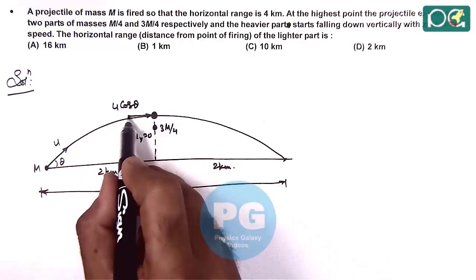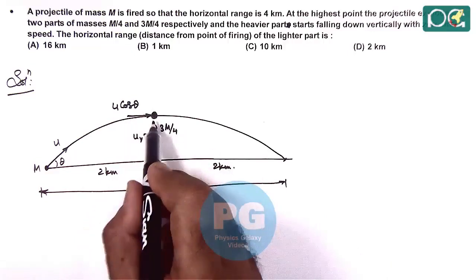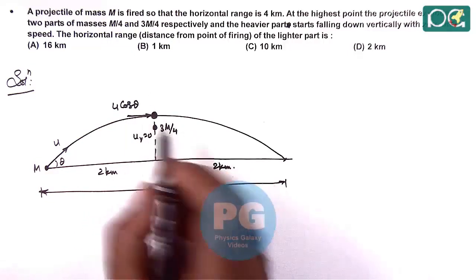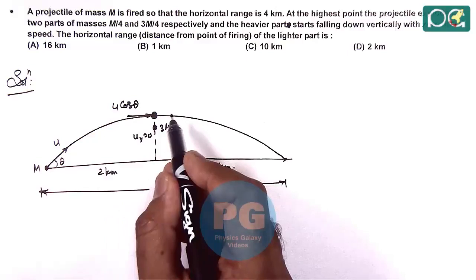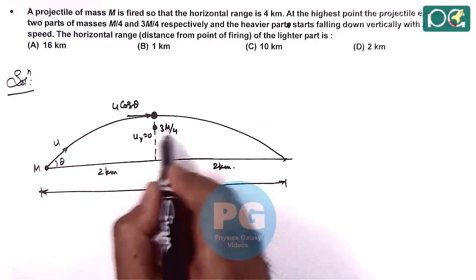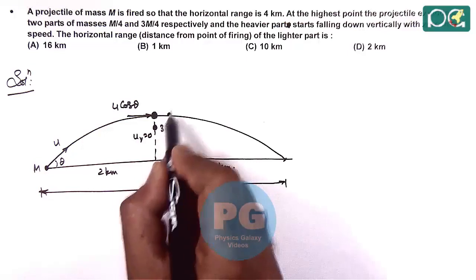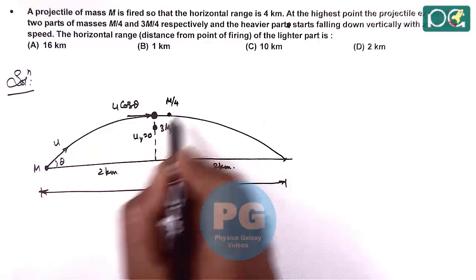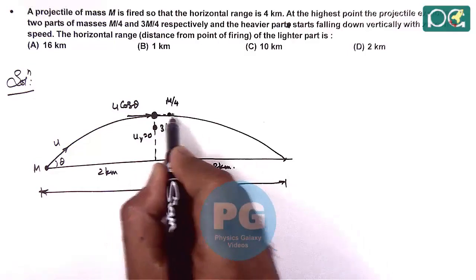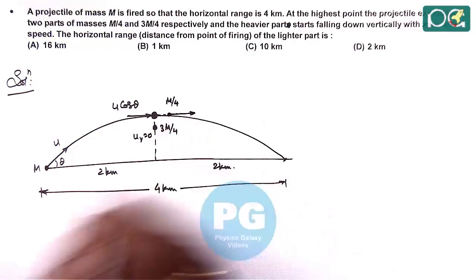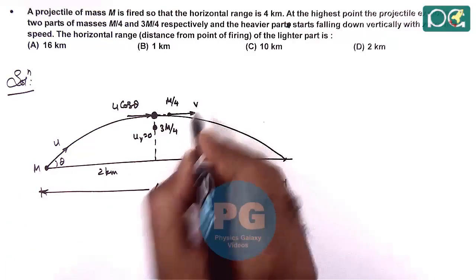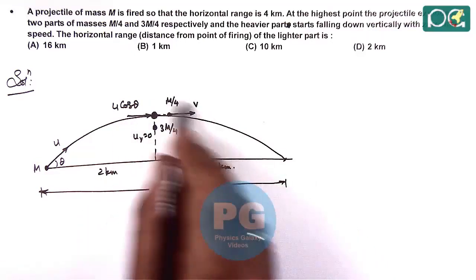So it did not have any y component velocity. In explosion linear momentum remains conserved. So the particle 3m by 4 will not have any vertical velocity, and the other particle, which is m by 4, will have a horizontal velocity v such that the momentum remains conserved.